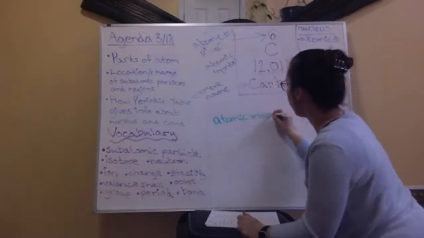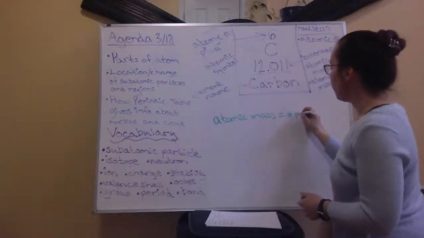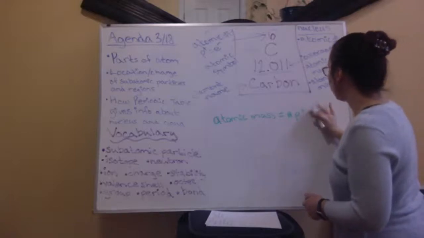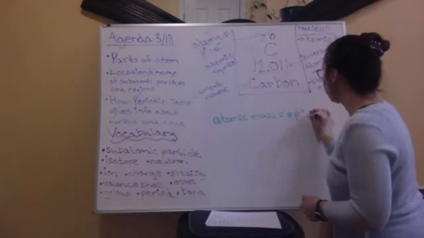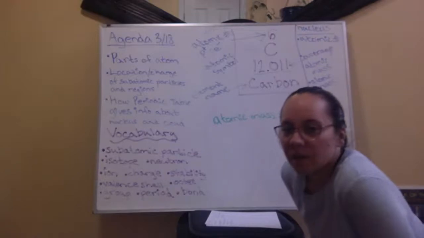So the atomic mass is made up of 2 parts. How many protons you have, and how many neutrons you have. So why is it that we don't count how many electrons we have?